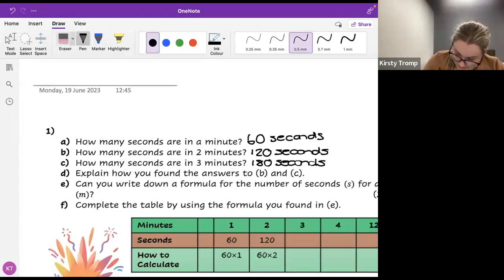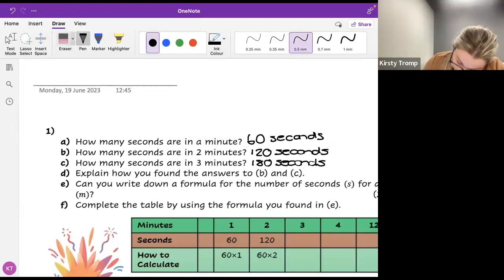Okay, D. You guys already explained to me. It says, explain how you found the answers for B and C. You said either you took 60 and you times it by 2, or you times it by 3, or you said 60 plus 60. And for C, you said 60 plus 60 plus 60.